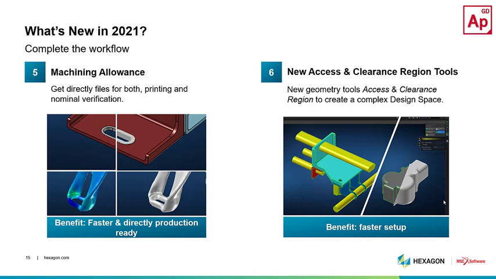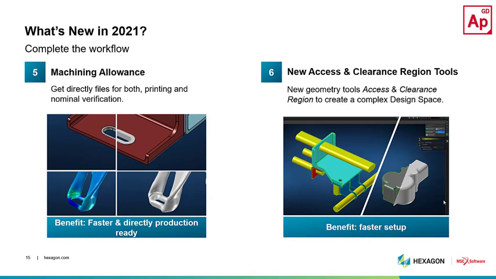Well, now you can use that. The machining allowance is available for you there, and you can see examples of that in the pictures below in the bottom left. You can add a machining allowance so that when you print the part and you optimize it, that extra layer of material is already there, so that when you take it to the machine shop, the machinist can take that off and create a nice clean surface. And you're not taking away very valuable part that is used in the optimization.